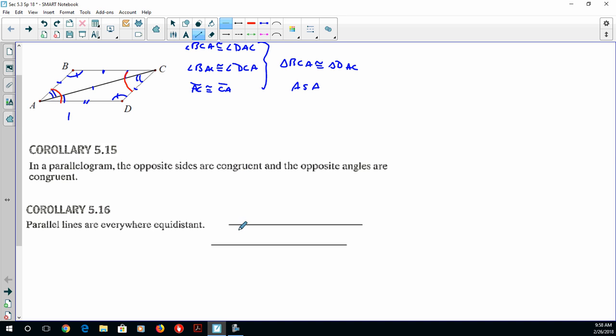So what we're trying to show is if I have two parallel lines, call them L and M, a perpendicular from L to M, and another one over here, are the same length. Those are supposed to be perpendicular.